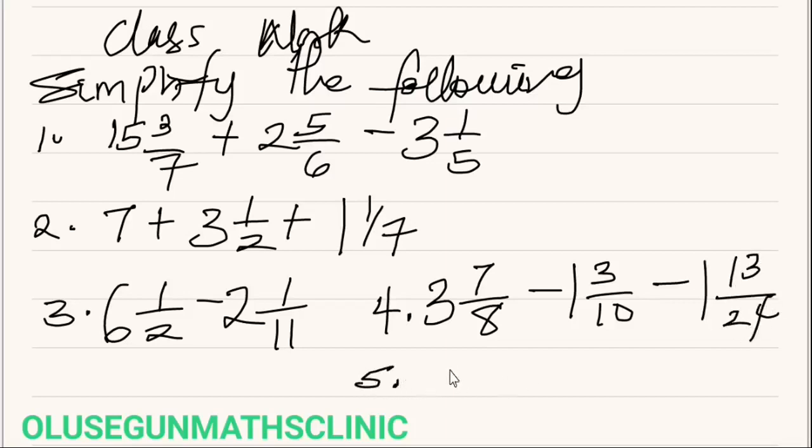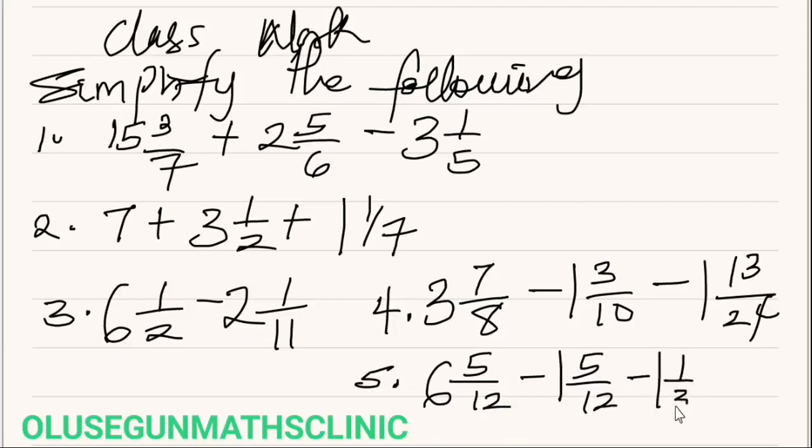Let's solve these as the last questions. We have 6 whole number 5 over 12 minus 1 whole number 5 over 12 minus 1 whole number 1 over 3 minus 3 over 11. So take your time to write all these questions.